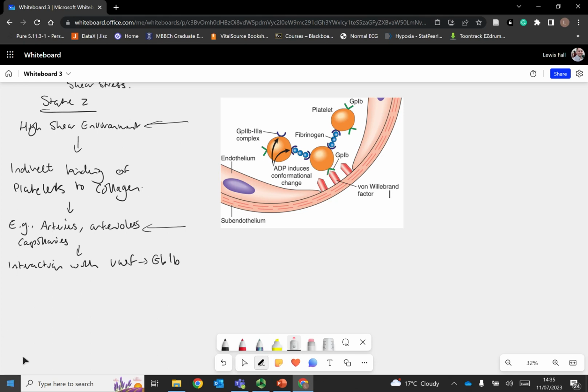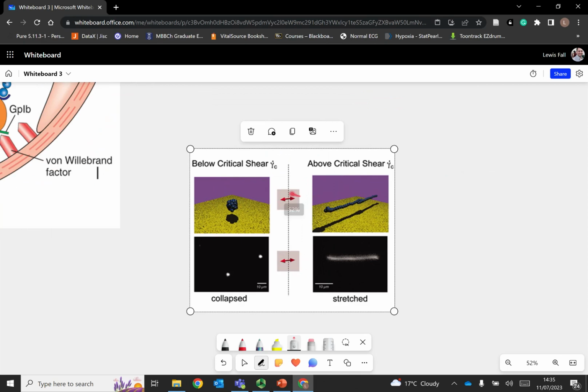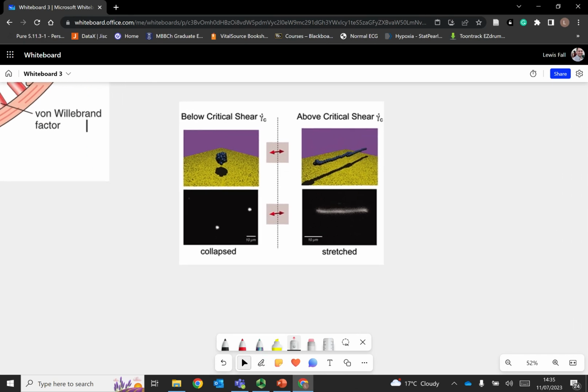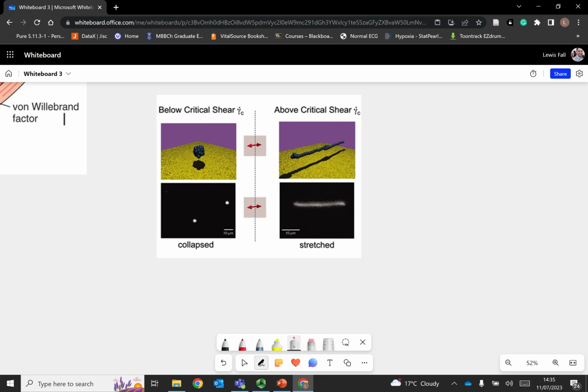I introduced you during the previous slices to the concept that the von Willebrand factors kind of unfurl like a wacky waving inflatable arm flailing tube man. And this is kind of what it looks like. This is from a very nice paper by Schneider et al., released in 2007.